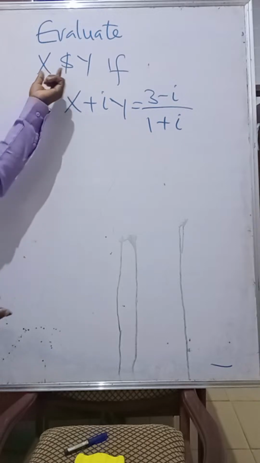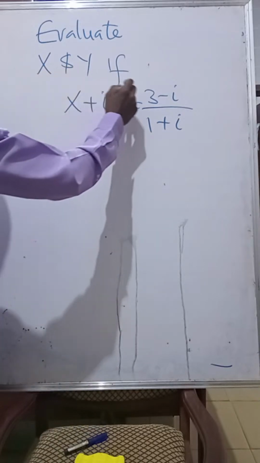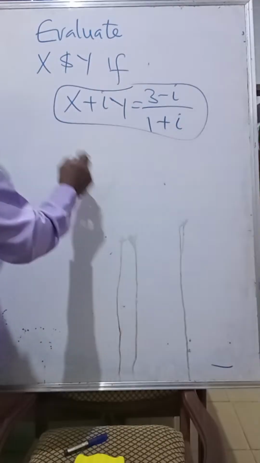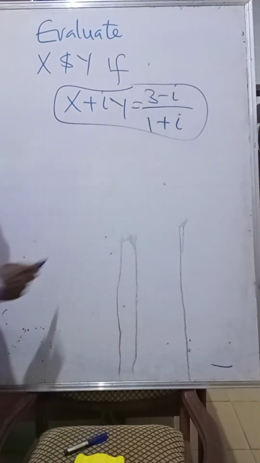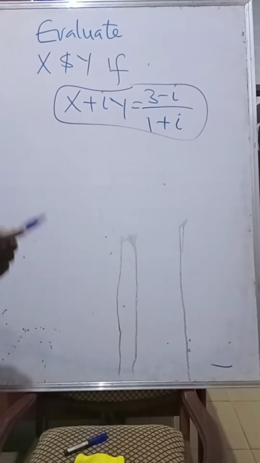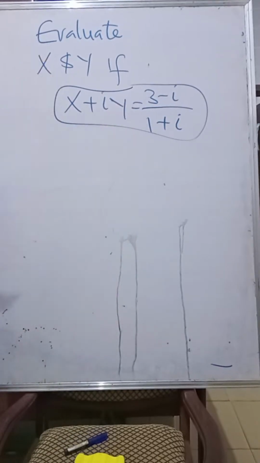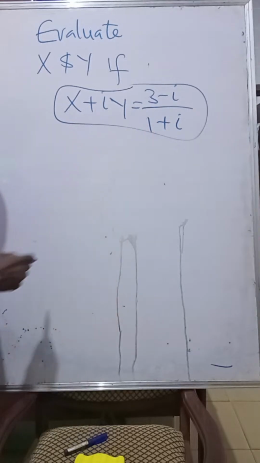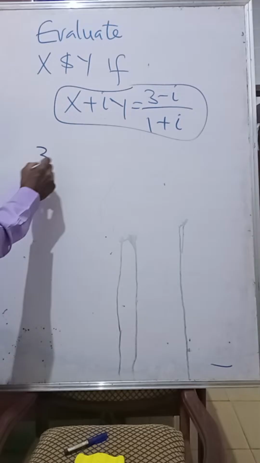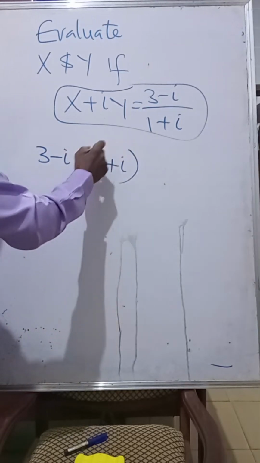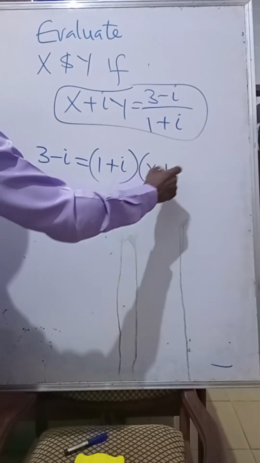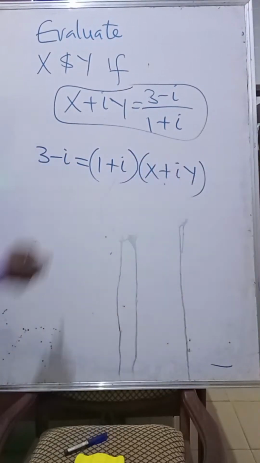We're going to evaluate x and y, if x plus iy equals 3 minus i over 1 plus i. So we have to find x and y. So what we're going to do for this one is to cross multiply. If you cross multiply, you're going to have 3 minus i equals what? 1 plus i times what? Times this one. So cross multiply.